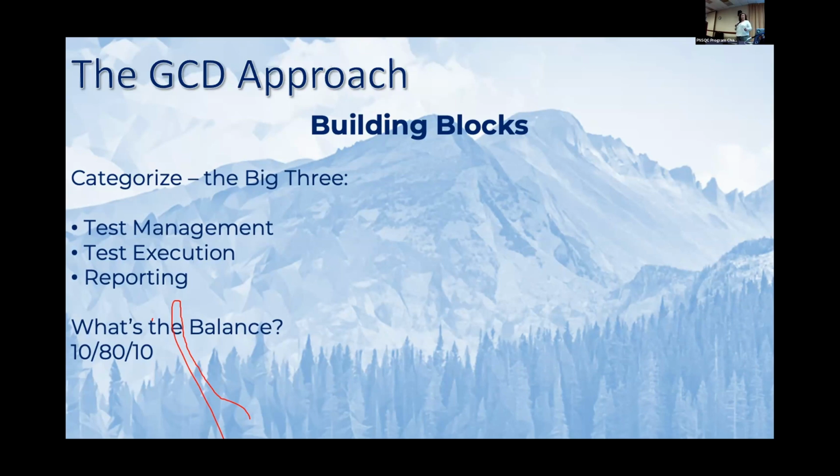So when we think about that, if you are spending much more time on either the management portion of it or the reporting portion of it, look and see which of those things might be duplication.